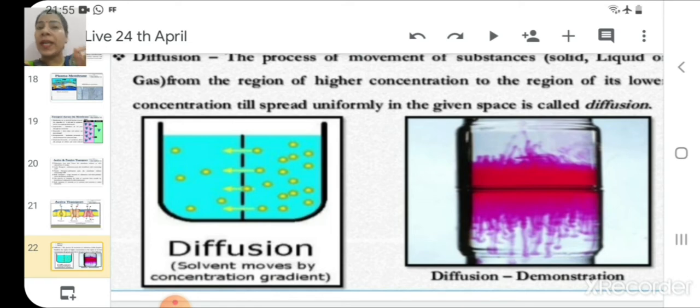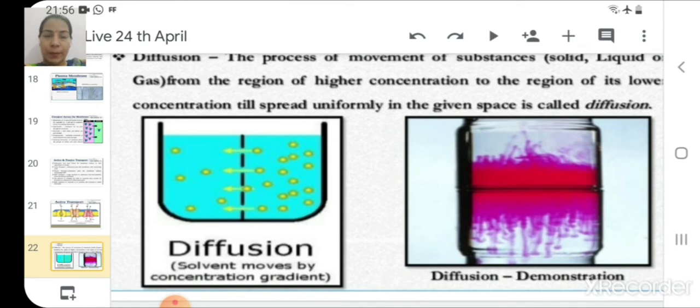The place where the agarbatti is used has a higher concentration of the fume or scent, and slowly that smell reaches the next corner of your house. So the molecules of that gas move from higher concentration to lower concentration.